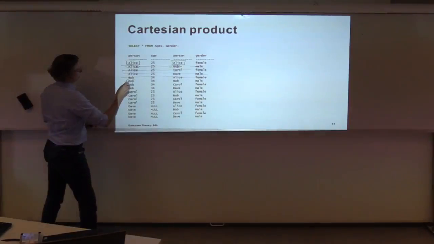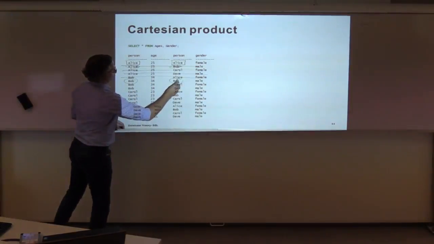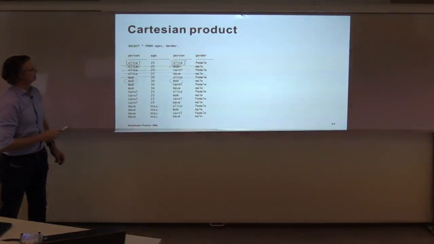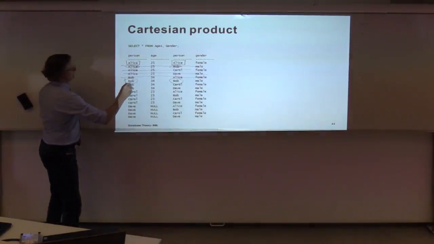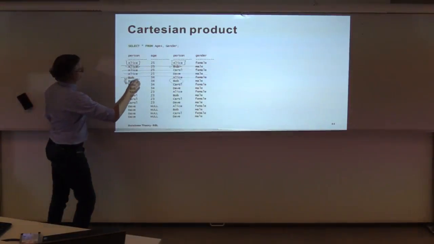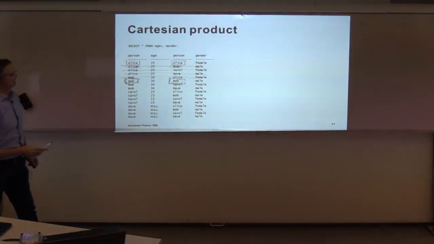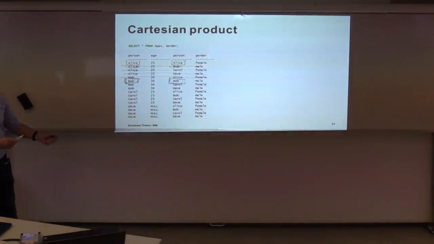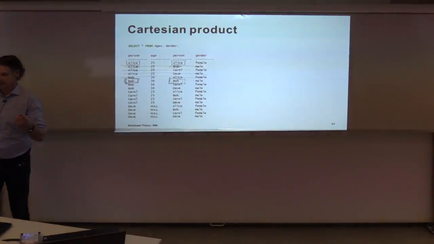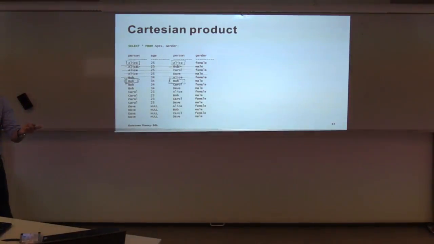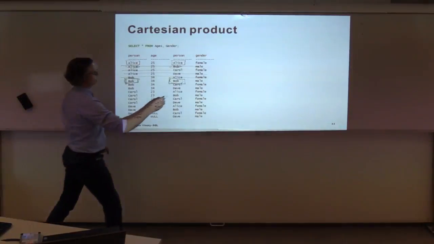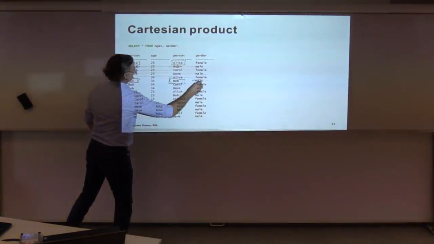Bob and Bob, all right. Those two are the same. I used a square, so let's assume that I'm using a square here, which meant that they are okay. So Bob and Bob, all right, those two are correct. They are matching, but he's not a female. So he's not part of the query result.